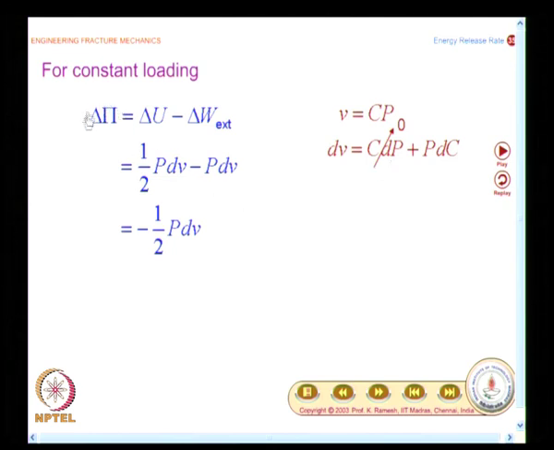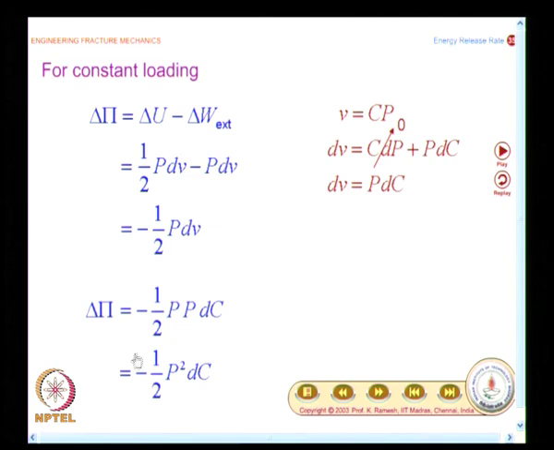So, when I write the energy release rate, I would replace this in terms of the compliance. Fairly simple. You have to recognize that when you differentiate, you should write this as C dP plus P dC. Although you have learned this mathematics, you may overlook this. So, what do I get here? Delta capital pi becomes minus 1/2 of P dC, which reduces to minus 1/2 of P squared dC.